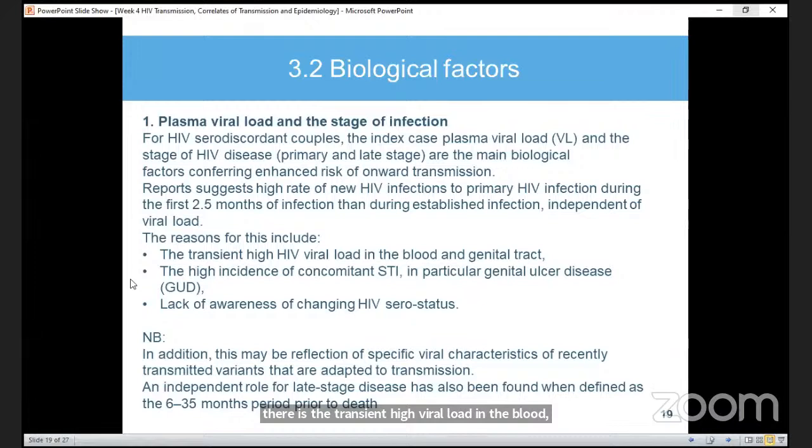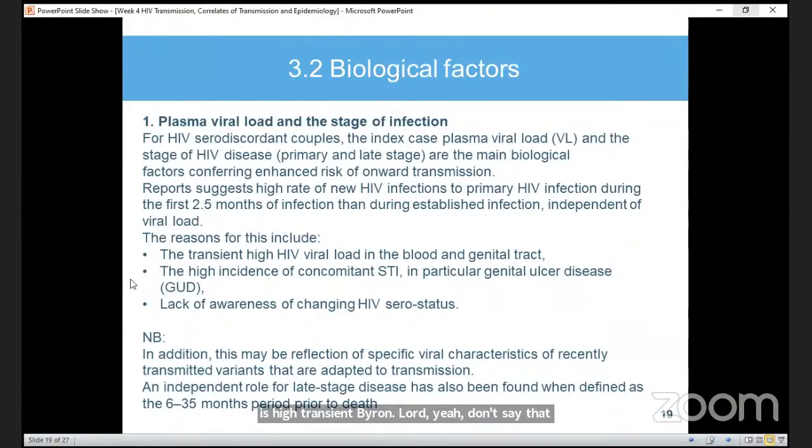That is the time that there is seroconversion, where the virus is attacking the cells, replicating very fast and integrating itself. There is high transient viral load in the blood and genital tract. Transient here is because there is seroconversion taking place.